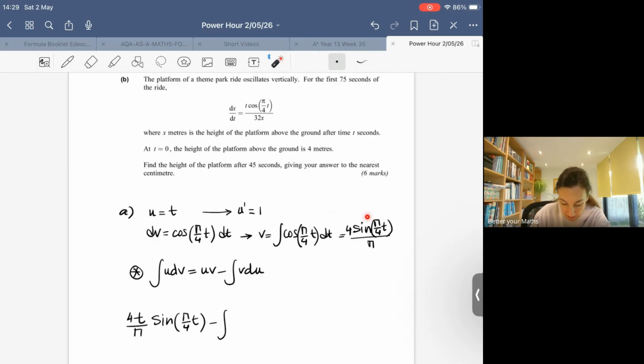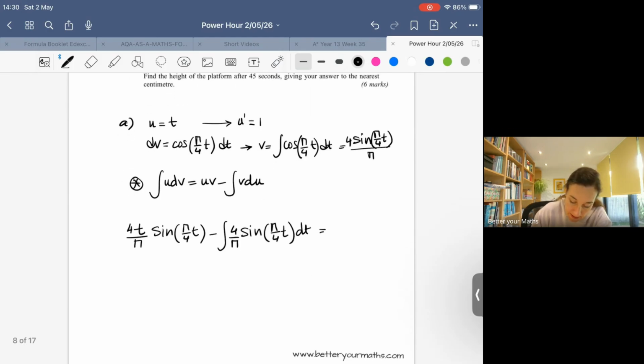So v again, and du is 1, yeah? So I have 4 over pi sine pi quarters t dt. So this is 4t over pi sine pi quarters t.